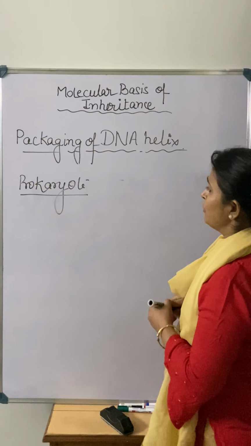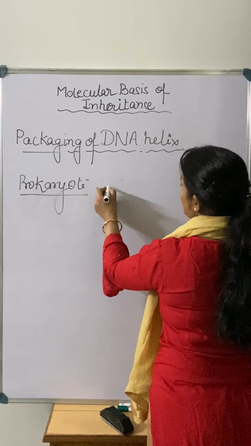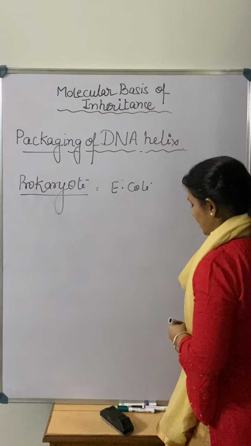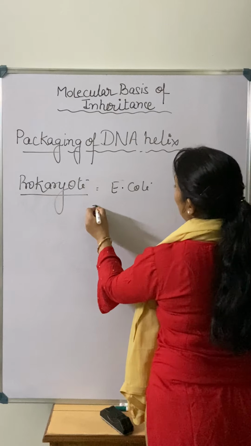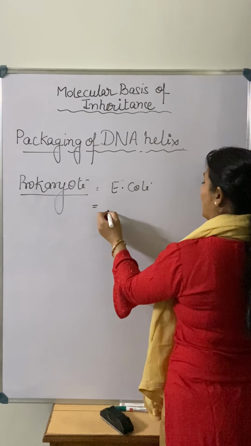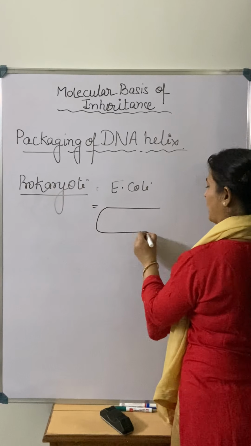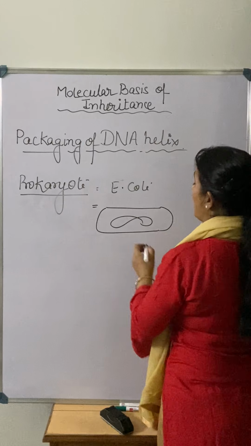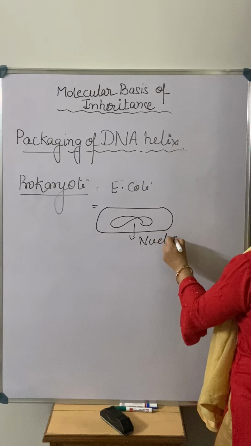So obviously, when we talk about the packaging of DNA, for example, take the E. coli bacteria. In this bacteria, if we talk about the packaging, the DNA is packed in the cell of the bacteria in a large loop-like structure, and the region where it is present is known as the nucleoid.